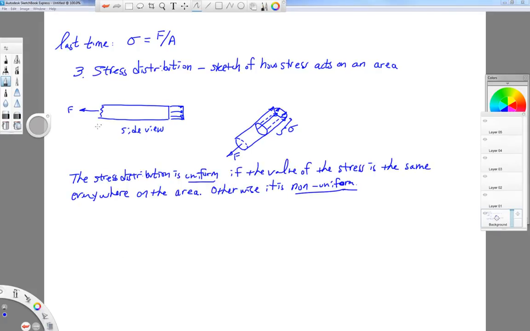All right. Now, when we use the formula sigma is equal to F over A, we assume that we end up with a uniform stress distribution. And this is as long as that axial force goes through the centroid of the cross-section, or the centroid of all the cross-sections that go down the axis of the bar.